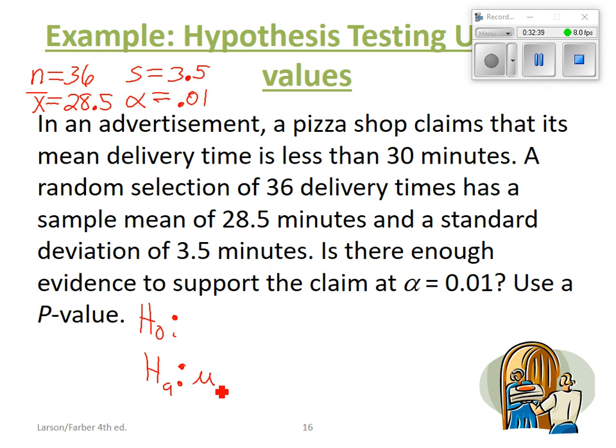Mu. So mu is less than 30. That's our claim. H0 means greater than or equal to, so mu is greater than or equal to 30. That's our first step, write our H0 and HA. Second step is to find the alpha. We got it already, they tell it to us: 0.01. Third step, what did the third step say to do? Find the z-score. The z-score is that formula.